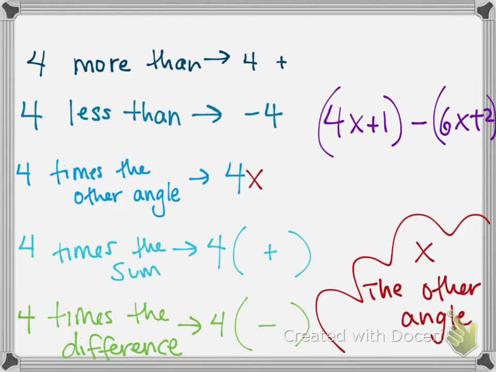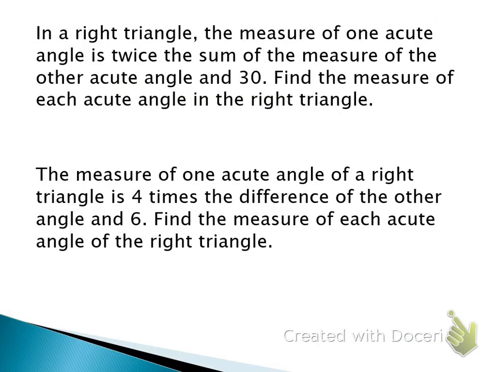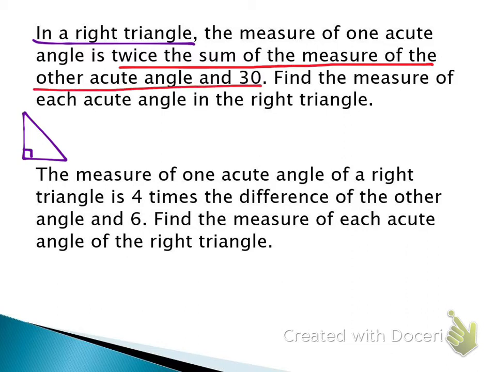So anyways, this is a lot to write. First we'll want to draw a picture. We know we got a right triangle, so we're going to draw a right triangle. And then they'll always describe one of the angles. One of the angles is twice the sum of the measure of the other acute angle and 30.